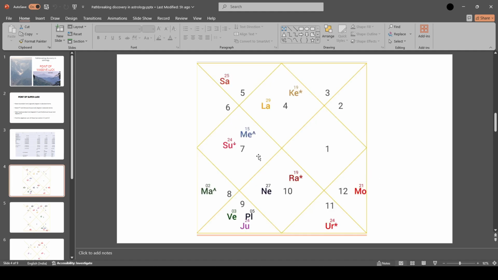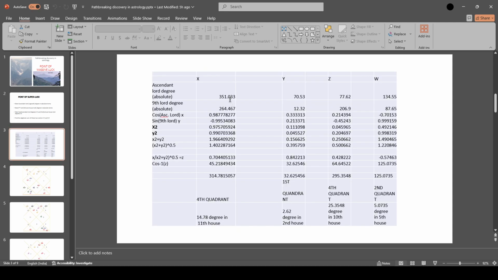For example, this is the chart of Cancer ascendant. You can see the ascendant lord is Moon. Moon is in ninth house, and ninth lord is Jupiter. It is placed in sixth house. These are the absolute degrees of Moon, 351.03, and Jupiter, 264.467. Take cosine of the ascendant lord and sine of the ninth lord. If you do it in a calculator, take it in degree mode.